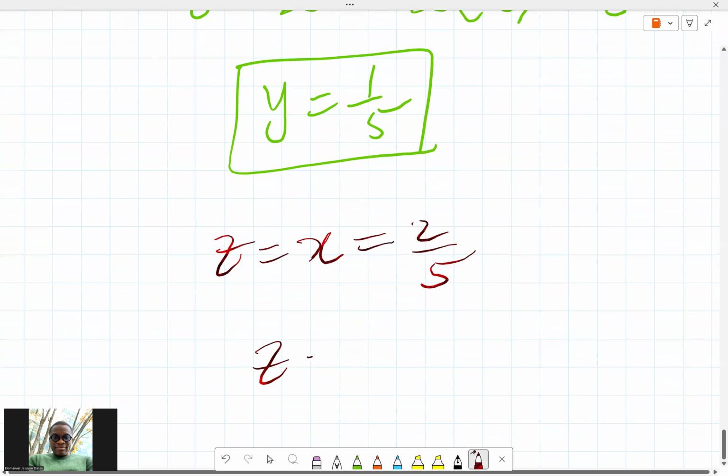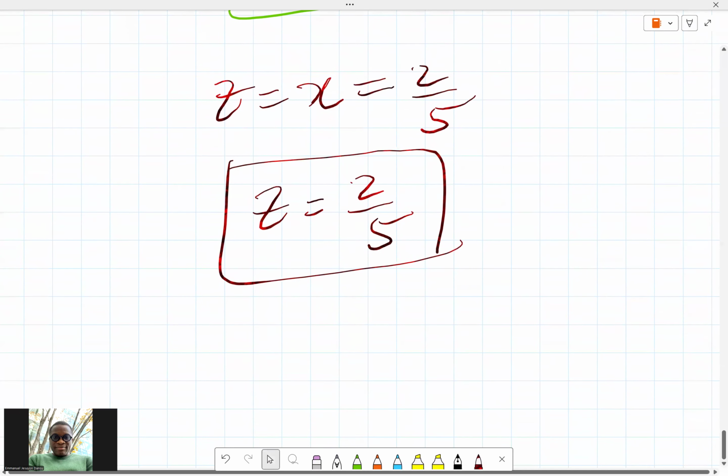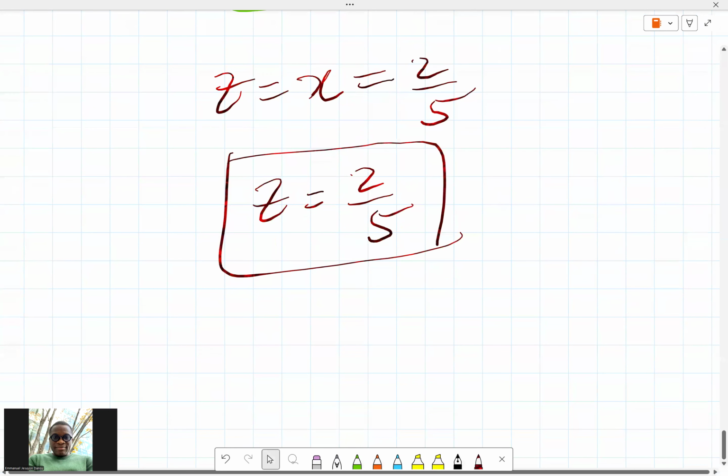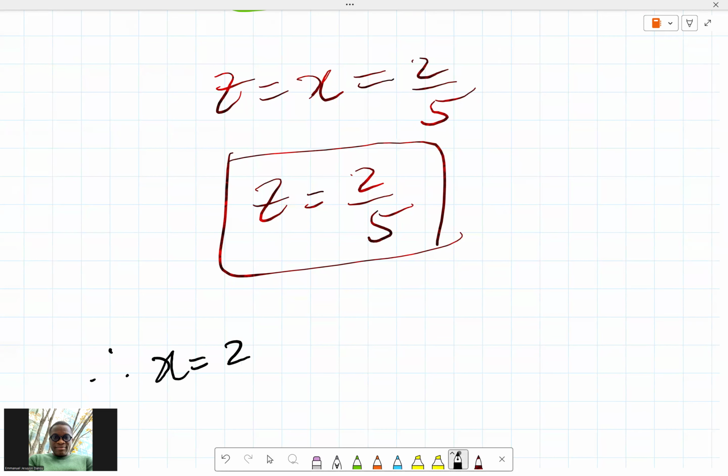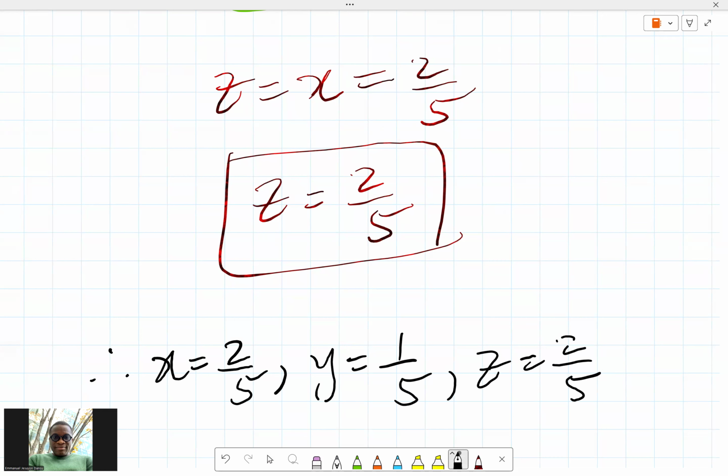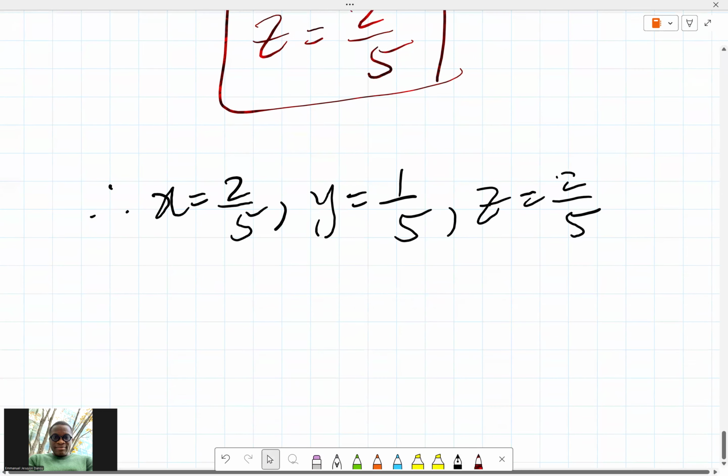So with all this, we have our results: x is 2 over 5, y is 1 over 5, and z is 2 over 5. If you add everything together, you get 5 over 5, which is 1.